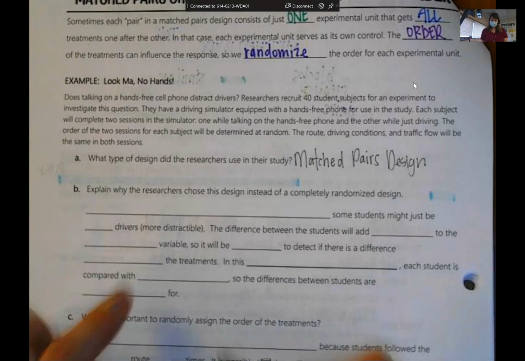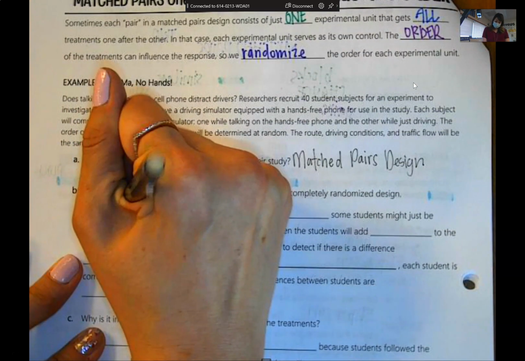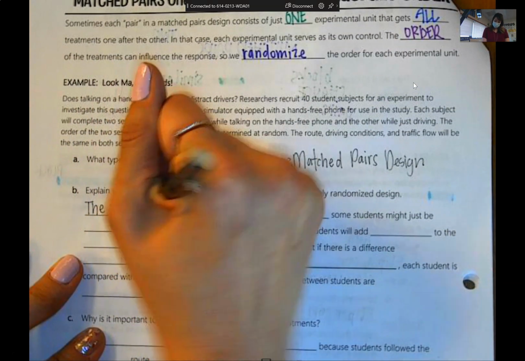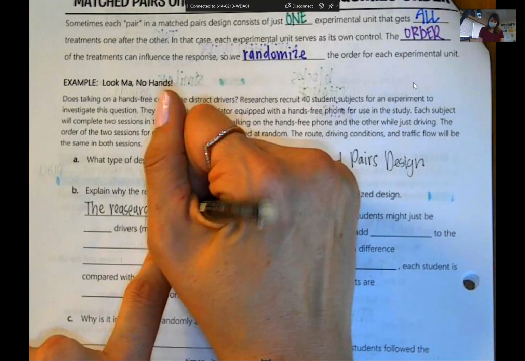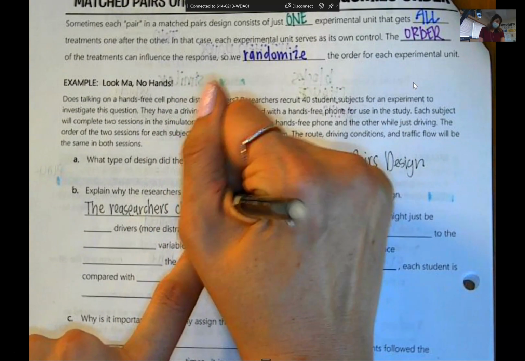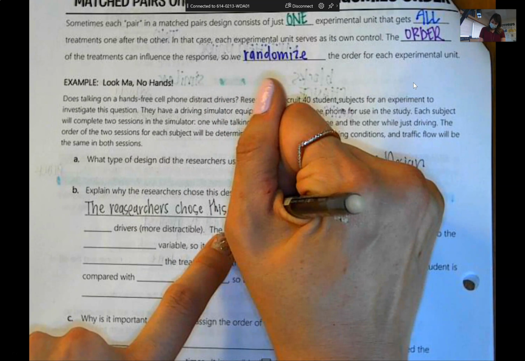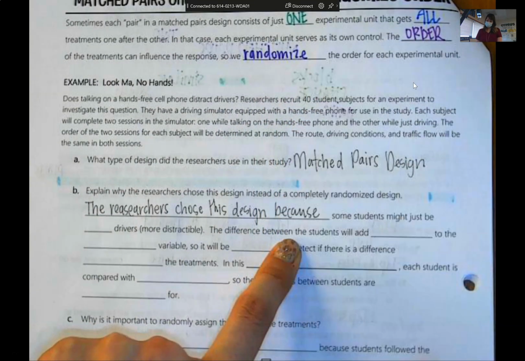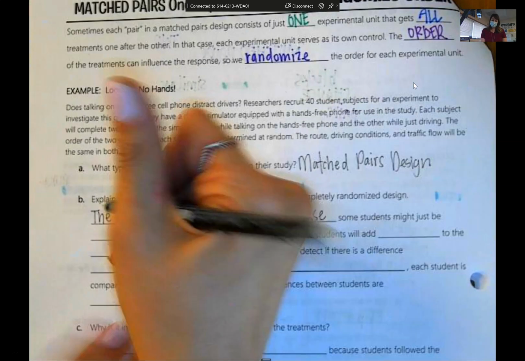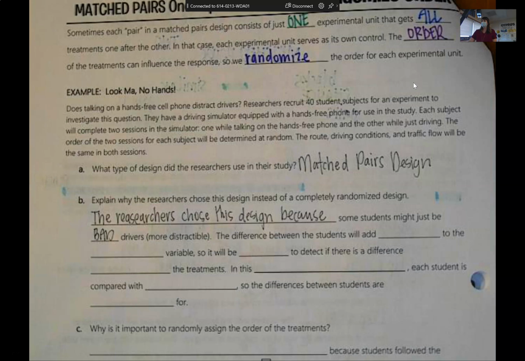So the researchers chose this design, and we're trying to frame our answer as they asked it. So we're saying the researchers chose this design because some students might just be bad drivers or more distractible.